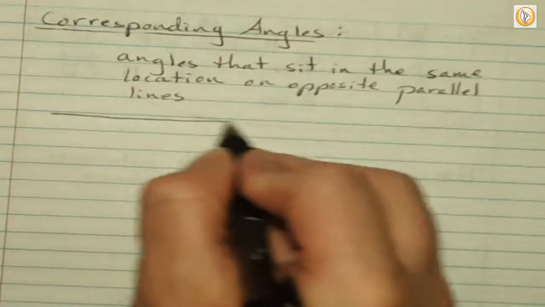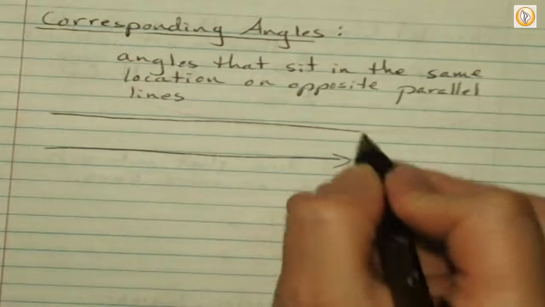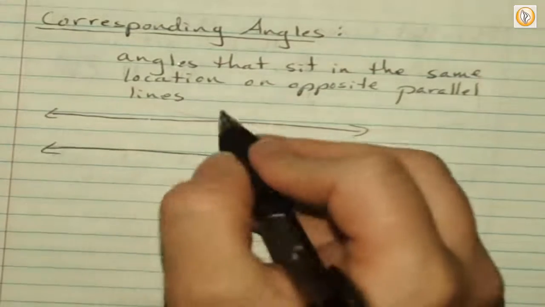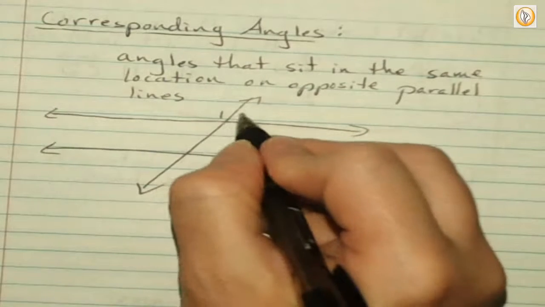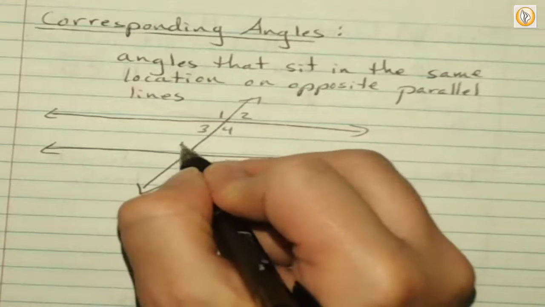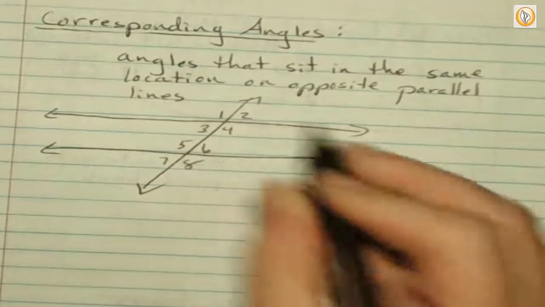So for example, parallel lines, transversal, angles 1, 2, 3, 4, 5, 6, 7, and 8.